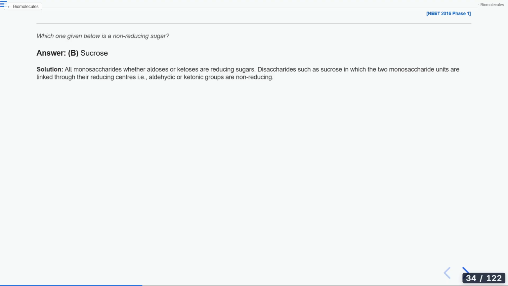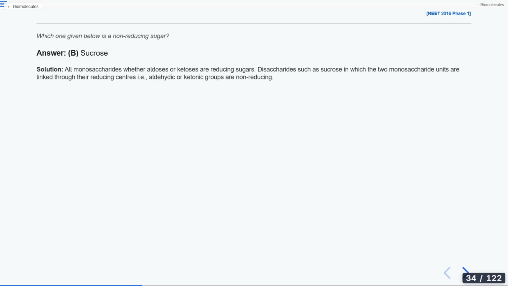Okay, so most of you are telling correct. Why do we call it that? Because there is a complete reversal or inversion of direction from dextro to levo. Because of its hydrolysis, it causes a complete reversal from dextro to levo. Remember this: not levo to dextro, dextro to levo.